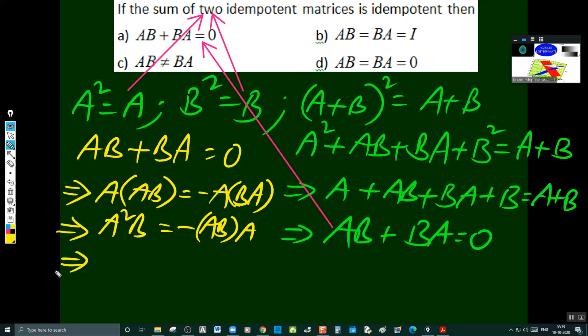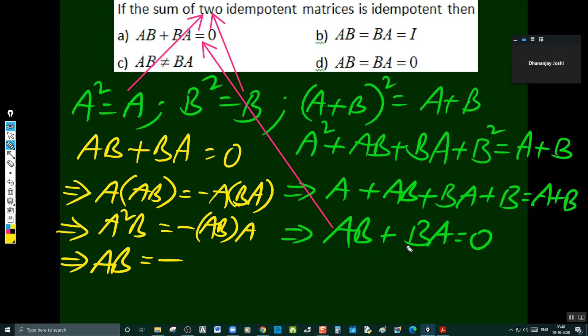Right. What is A square? This is A, we know. Replace A square with A. Replaced. Minus AB into A. Any hint here? Minus AB can be written as BA again here.